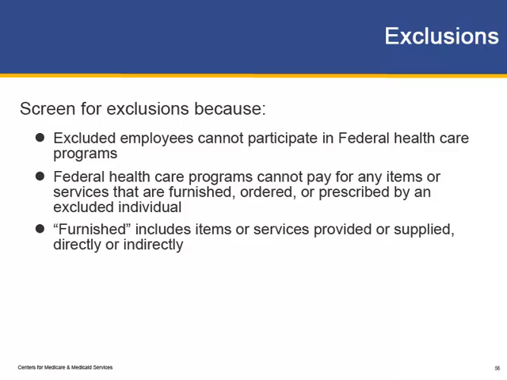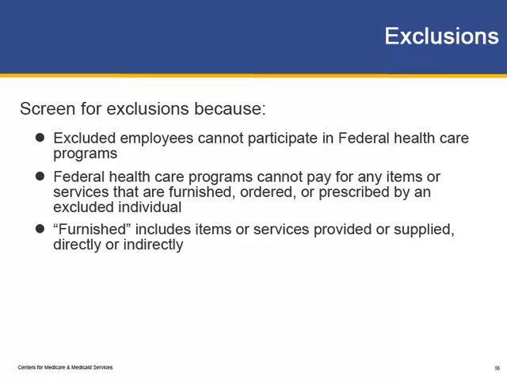When HHS OIG excludes individuals or entities from participation, it places their names on the list of excluded individuals and entities, LEIE. In the past, medical professionals were also encouraged to check the Excluded Parties List System, EPLS, now incorporated into the System for Award Management, or SAM.